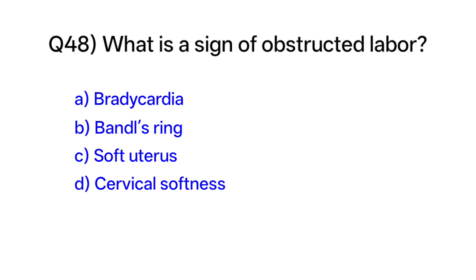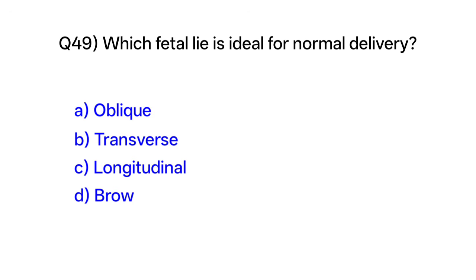Question number 48. What is a sign of obstructed labor? The correct option is B. Bandl's ring. Question number 49. Which fetal lie is ideal for normal delivery? The correct option is C. Longitudinal.